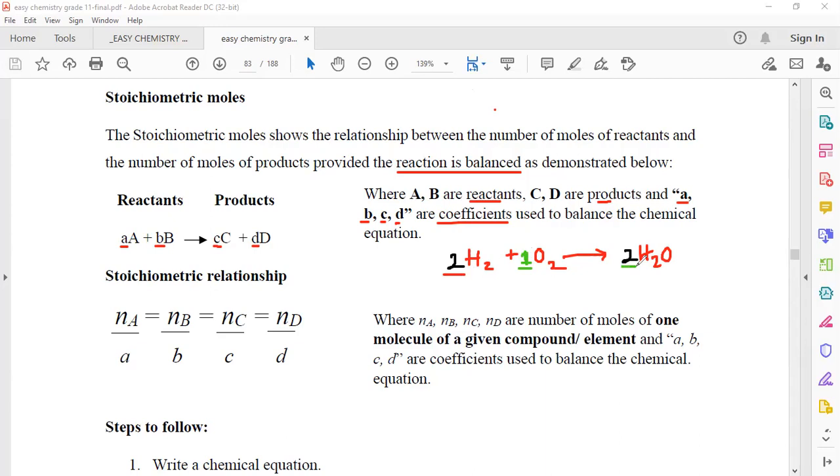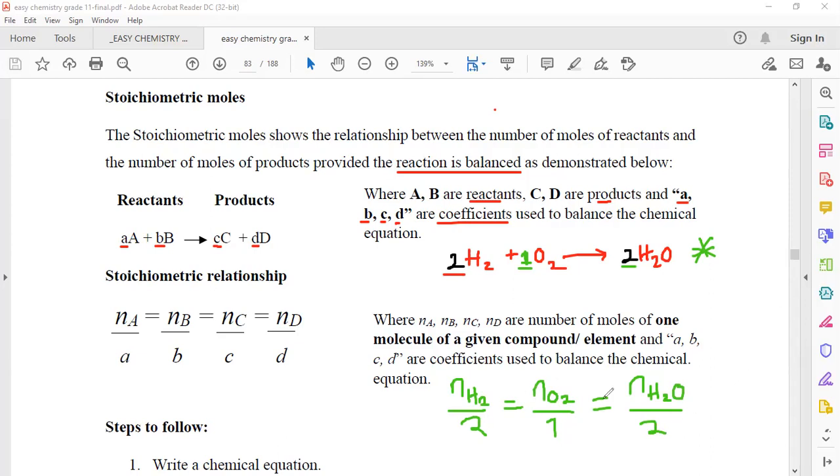According to the stoichiometric relationship, it is stipulated that the number of moles of hydrogen, I'm using this example here, as a single component divided by its coefficient will be equal to the number of moles of oxygen divided by its coefficient, which will be equal to the number of moles of water, H2O, just a single water molecule, divided by its coefficient.